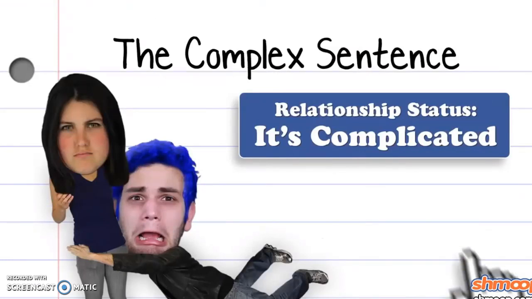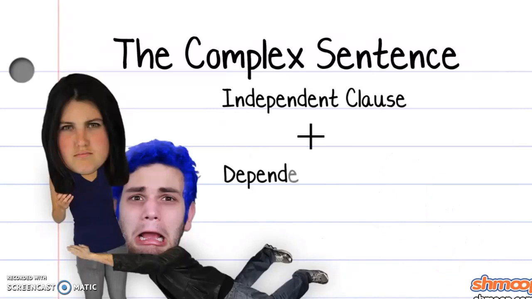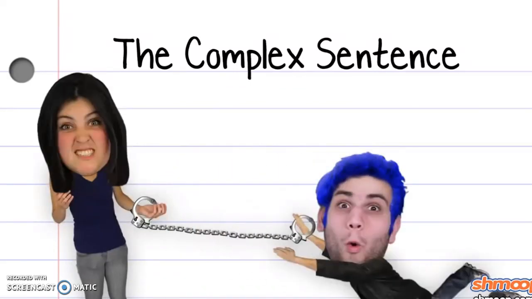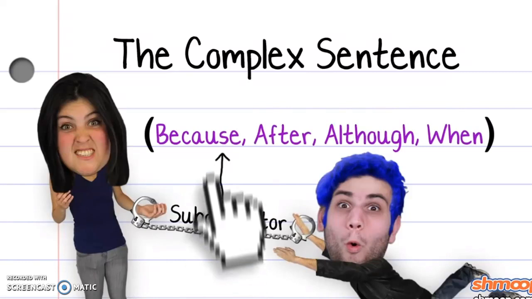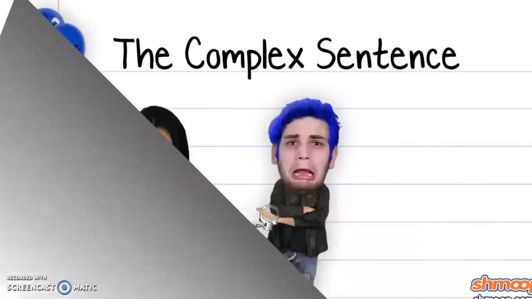And then there's the complex sentences. That is, an independent clause joined to 1 or more dependent clauses. All right, that's it. Handcuffs? Seriously? They're joined by either a subordinator, such as because, after, although, or when, or a relative pronoun, like that, who, or which.